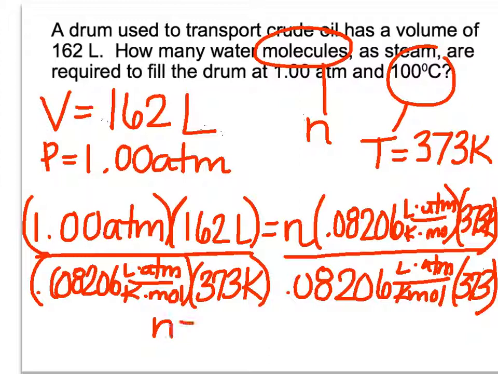So in our calculator, we're going to do open parentheses, 1 times 162, close the parentheses, divided by, open parentheses, 0.08206 times 373 Kelvin, close the parentheses. And I get 5.29 moles.